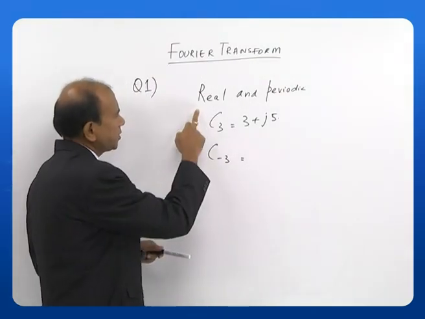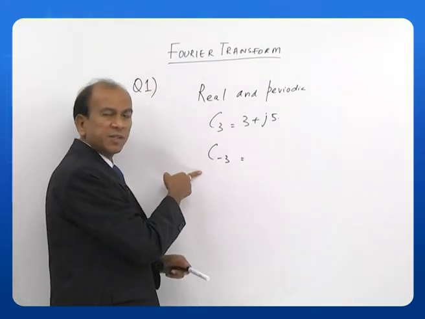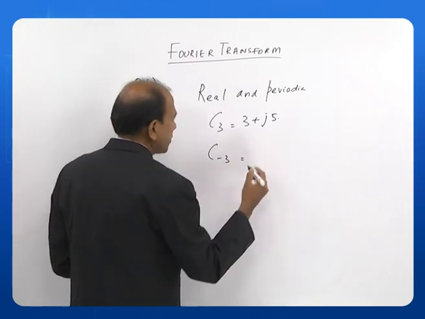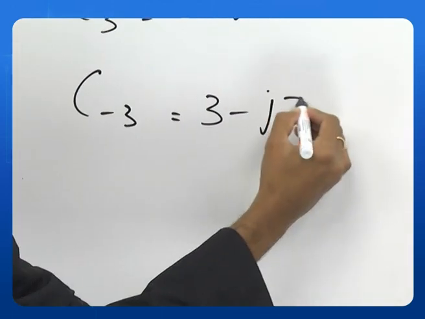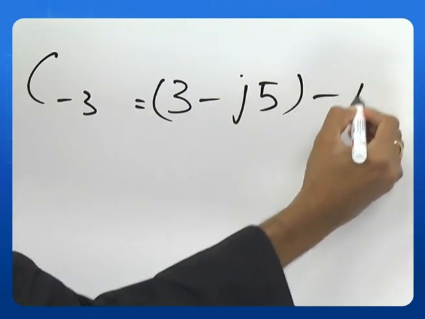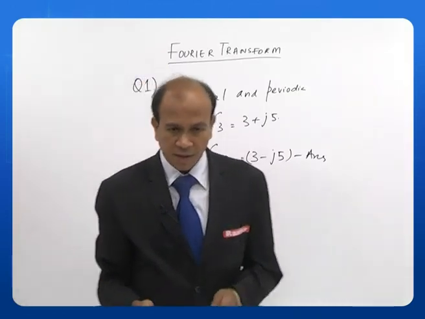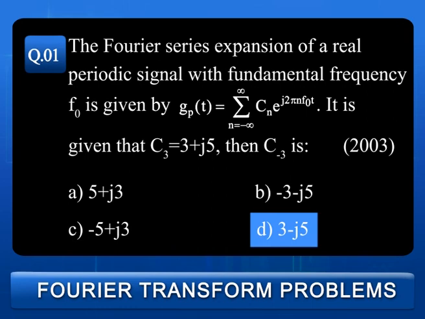Because the signal is real and periodic, C of minus 3 will be the complex conjugate of it. So the answer will be 3 minus j5. Let us see what the answer is here. The answer is D.